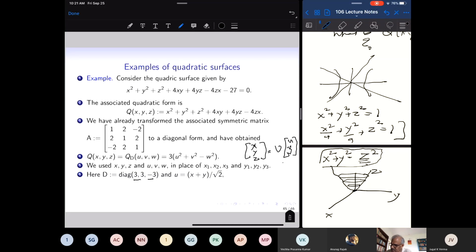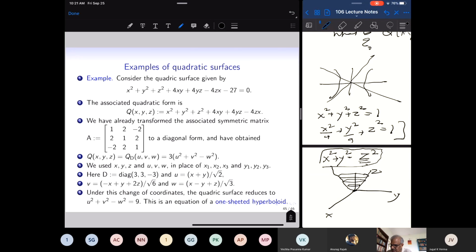So I have to find out what the eigenvectors are. When you substitute, then you can write u, v and w in terms of x, y, z, by inverting the matrix or taking the transpose. Under this change of coordinates, the quadratic surface becomes this.